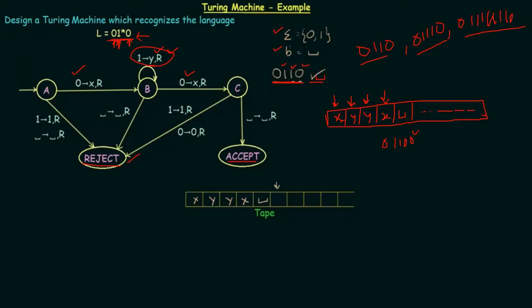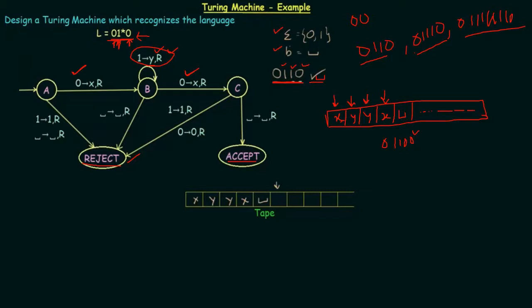So it is only going to be accepted when there is any number of 1s. It can be 11 or it can be no 1 at all, which means it can be an epsilon. In that case it is going to be double zero, so it is straightaway going to the C state and it is going to be accepted. I hope this was clear to you.